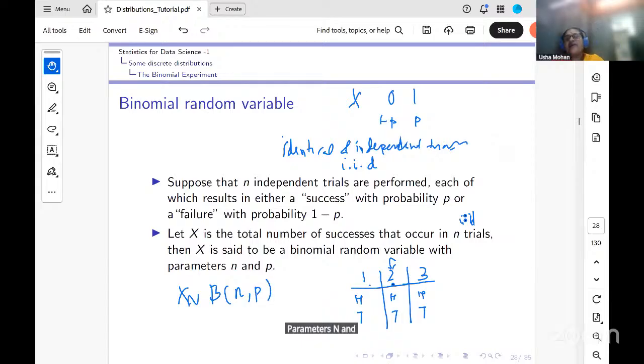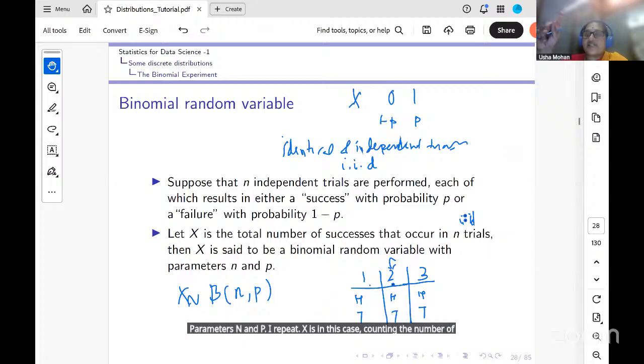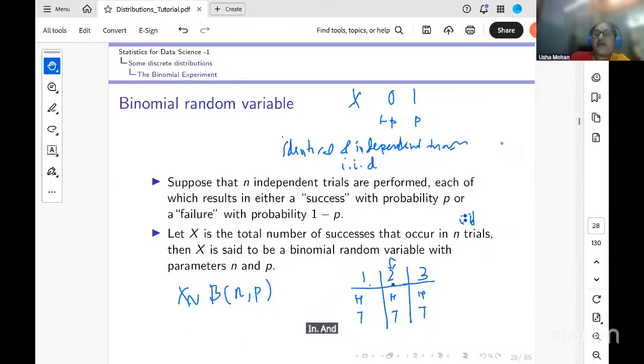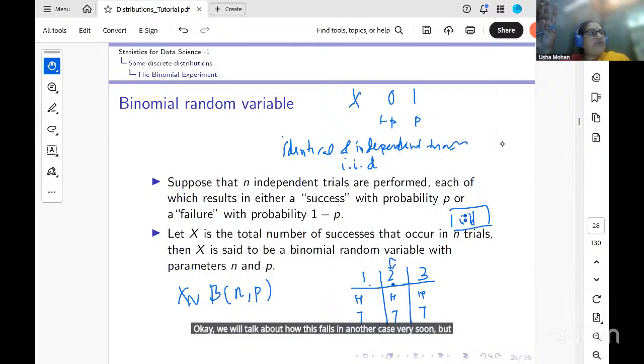I repeat, X is counting the number of successes in n trials. What is most important when I'm talking about a binomial is the identical and independent trials. We will talk about how this fails in another case very soon, but this is extremely important.